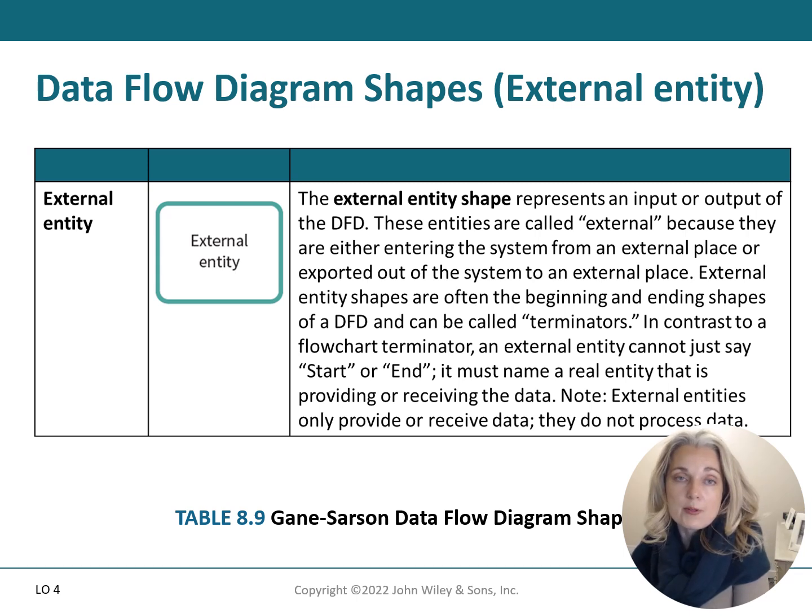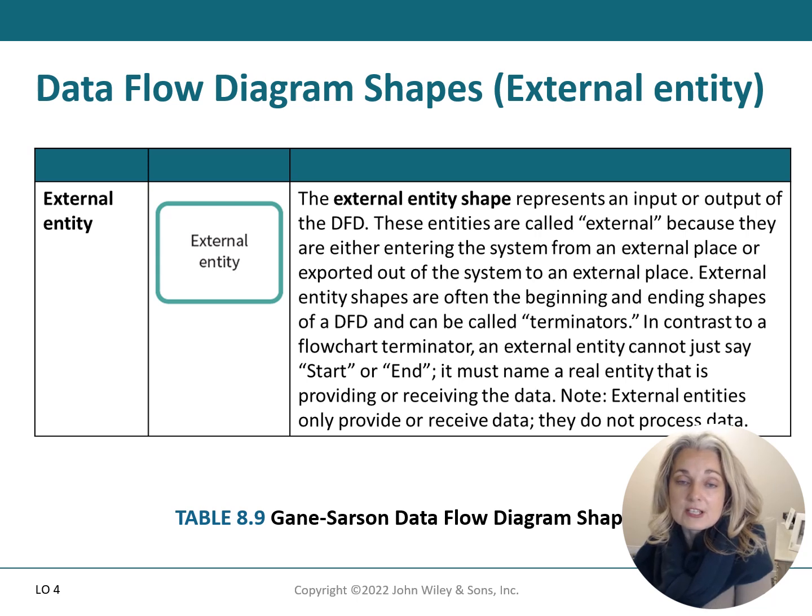So for example, if we are inputting information into a system, this information would be coming from an external entity. For example, if I'm back to that accounts payable clerk and I received a vendor invoice, I would be inputting it into our system, and that invoice in that case is the external entity.